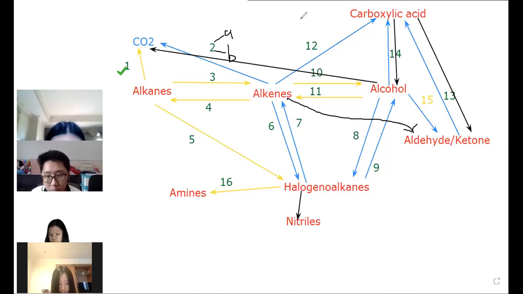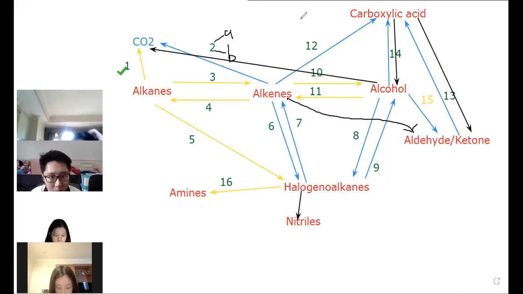You still remember? Teacher, can I look at the mind map? Yes, of course. It's with hot acidified manganate ion. Yes, correct. It is hot acidified potassium manganate.